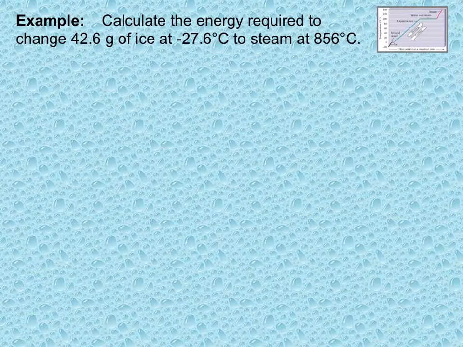So let's locate where we're starting on our heating and cooling curve here. We're down here somewhere, negative 27.6 degrees, and we want to go way up above our curve to make our steam be at a temperature of 856 degrees Celsius. So we can see how many steps this is going to take. First of all, we're going to be on the slope, the black portion of our curve here, for step 1, where we're going to be heating our ice to the melting point.